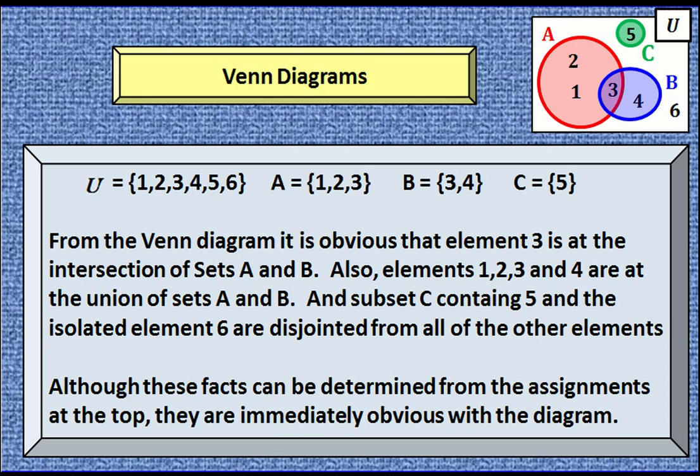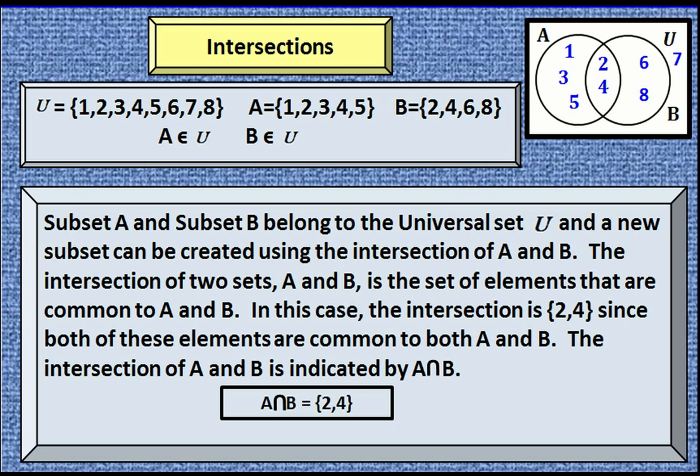From the Venn diagram, it is obvious that element 3 is at the intersection of sets A and B. Also, elements 1, 2, 3, and 4 are at the union of sets A and B, and subset C containing 5 and the isolated element 6 are disjoint from all of the other elements. Although these facts can be determined from the assignments at the top, they are immediately obvious with the diagram.